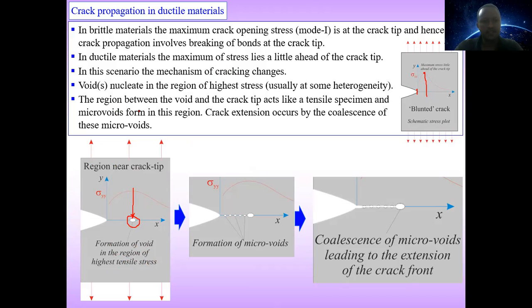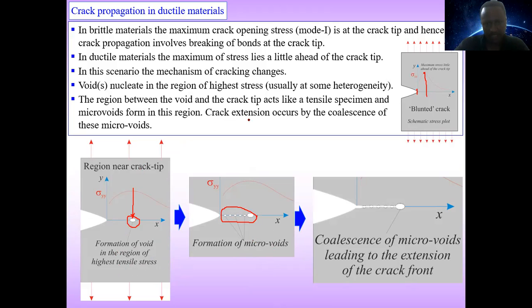The region between the void and the crack tip acts like a tensile specimen, and microvoids form in this region. So we can see in the region around here, we can observe microvoids. These are microvoids, formed due to the formation of voids in the region of high tensile stress.